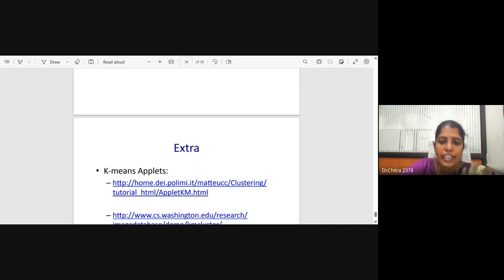Initially, all the data points are considered as a single cluster, all data points come under a single cluster. Then that is divided into many clusters based on the requirement. That is the concept of graph clustering. Graph clustering is a type of divisive clustering. Divisive means from the whole you are dividing it into many. That is divisive clustering.